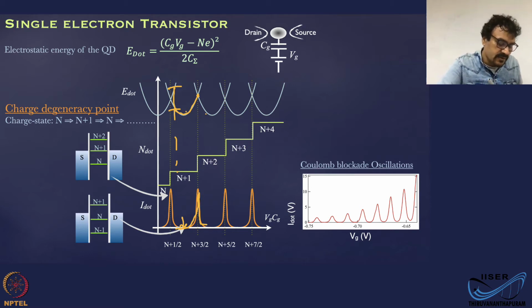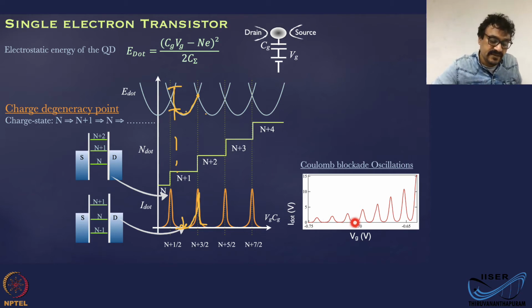And again you will go down if you increase the gate voltage further, and so on. So you are going to get a periodic array of peaks in the current, or you are going to see oscillations of the current as a function of the gate voltage. That is called Coulomb blockade oscillation, because this is arising because of the phenomenon of Coulomb blockade.